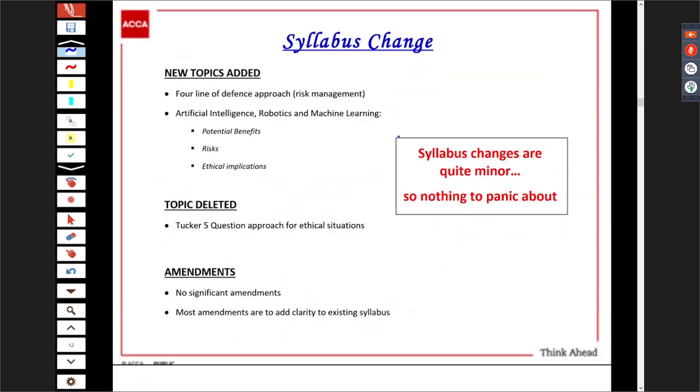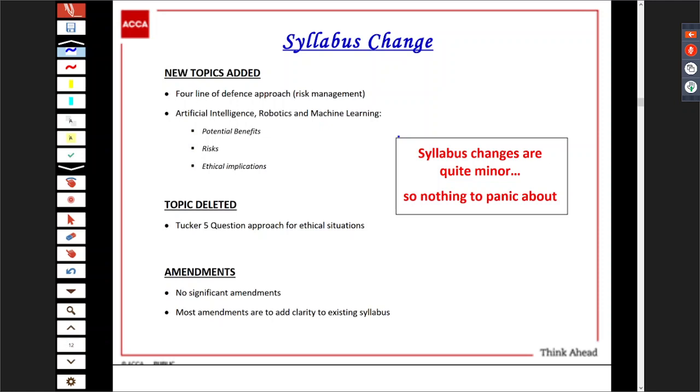Now, syllabus change, guys. You remember on the first day of my webinar, I clarified that the syllabus change for SBL is very minor. And a lot of panic is being created, especially by other teachers.